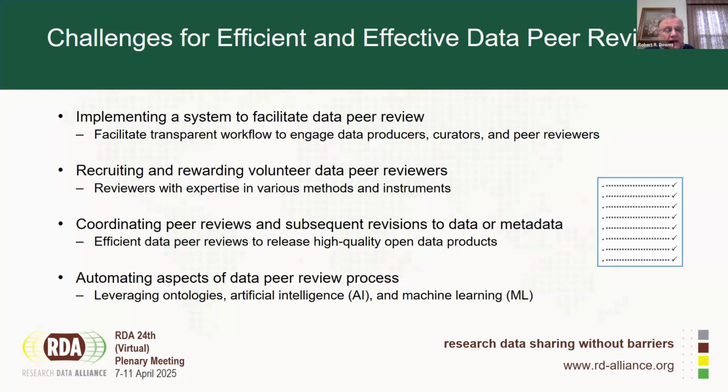We need to make sure we have reviewers who represent the expertise that's needed for the different types of data that we get. And we need to be able not only to recruit them and reward them, but we need to be able to coordinate the peer review process, that is assigning the correct data to each reviewer without, as I mentioned before, overburdening any particular reviewer, our volunteers.